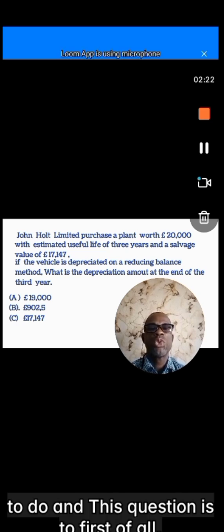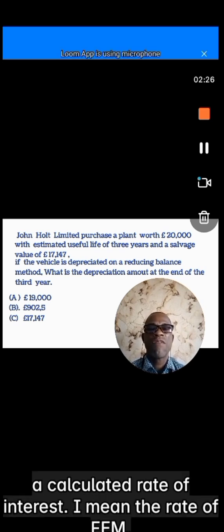Option B, £902.5. Then option C, £17,147. Then option D is £903. So what we need to do in this question is to first of all calculate the rate of depreciation.